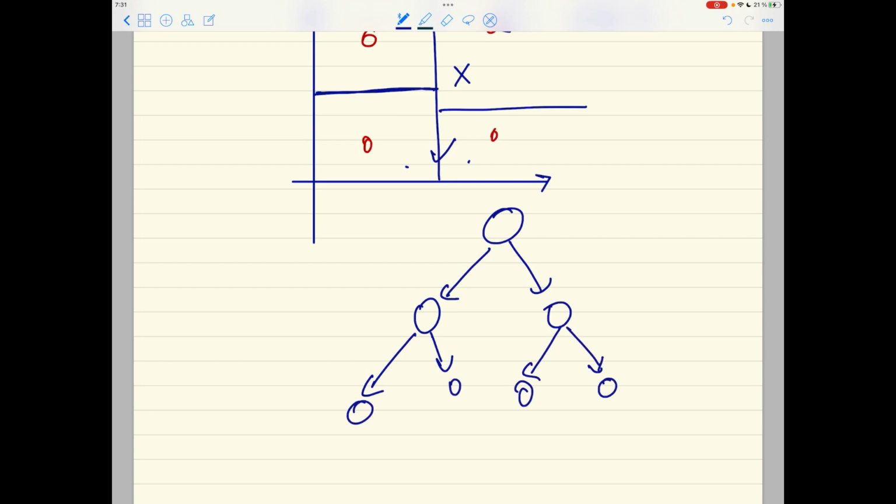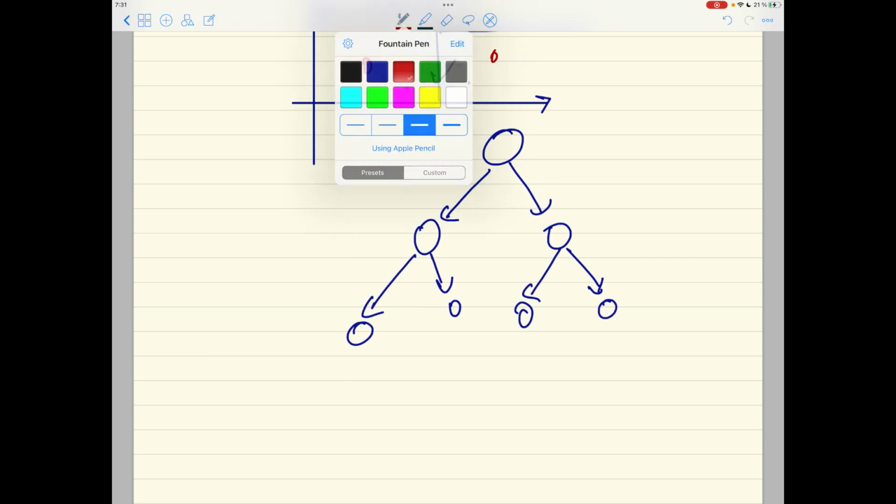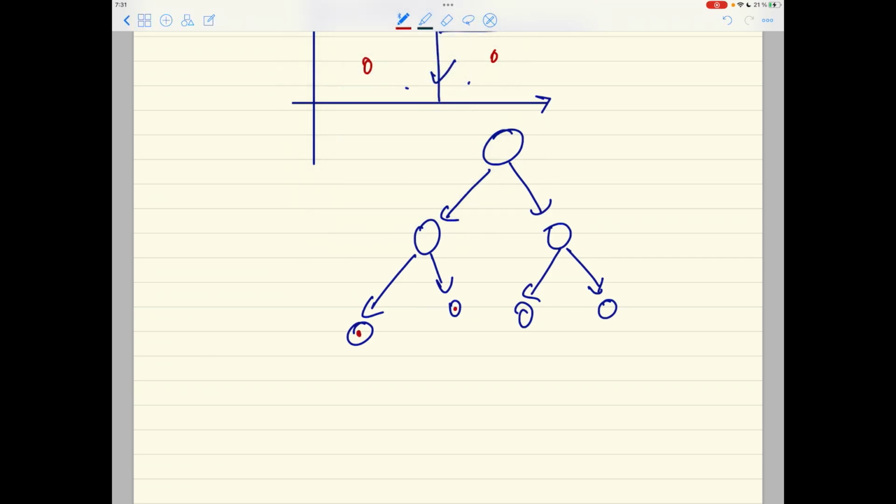So in total we'll have 4 leaf nodes, and each of these leaf nodes will contain one and only one training data point. So the four training data points would belong to each of these leaf nodes. Now as we discussed, this leads to a mean squared error of 0 on the training data set, but that's undesirable because we have high generalization error.